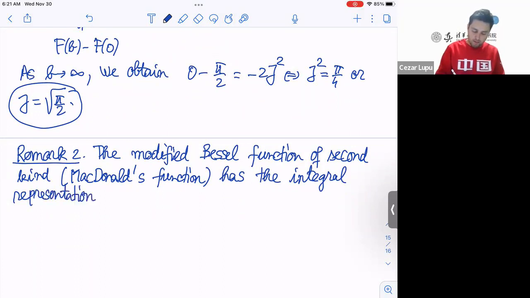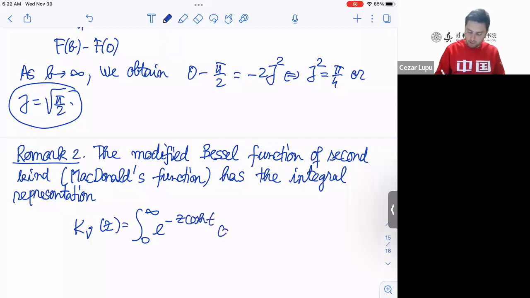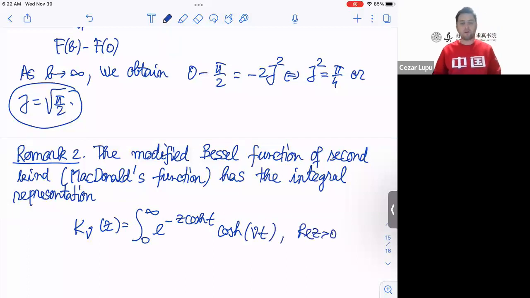So K_mu of z is the integral from 0 to infinity of e to the negative z cosh t times cosh mu t dt. And this holds for all complex numbers z whose real part is greater than 0.